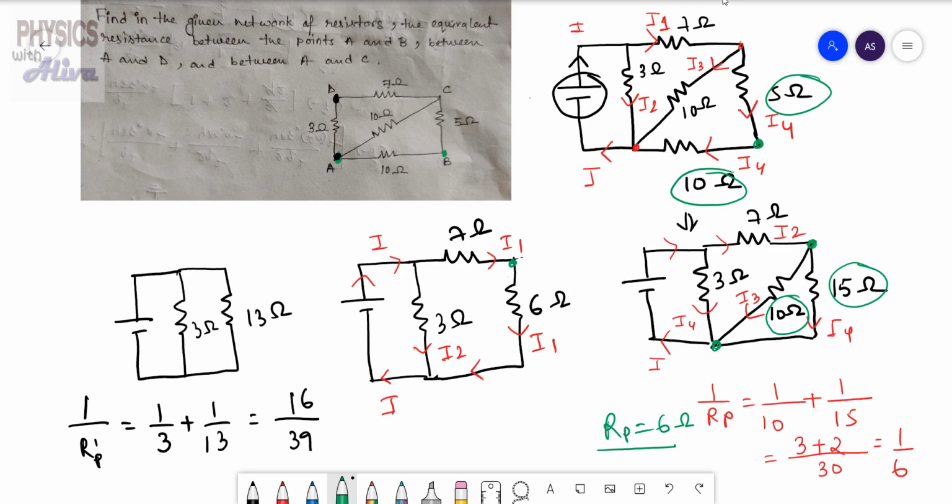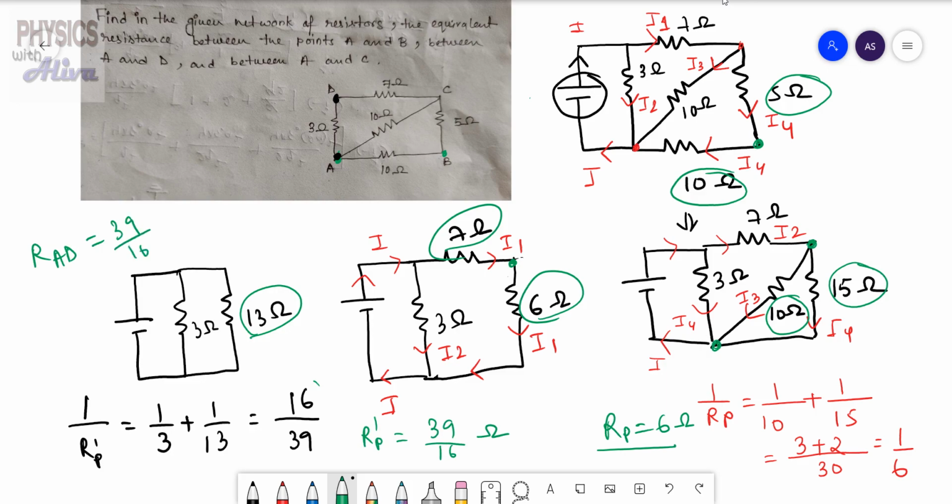So these two resistors, 7 ohm and 6 ohm, can be replaced by a 13 ohm resistor because they are in series combination. 6 plus 7 equals 13 ohm. Now this 3 ohm and 13 ohm are connected in parallel, so we get Rp dash equal to 39 by 16 ohm. So the resistance across A and D is equal to 39 by 16 ohm.